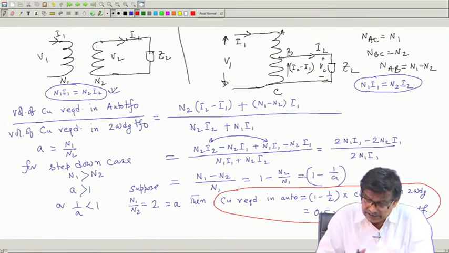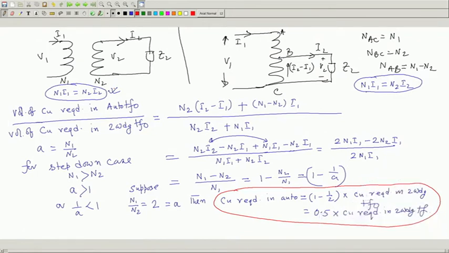And it looks like then that no matter what is the ratio, if it is greater than 1, 1 by A is always to be a number less than 1, and you will be always saving copper.